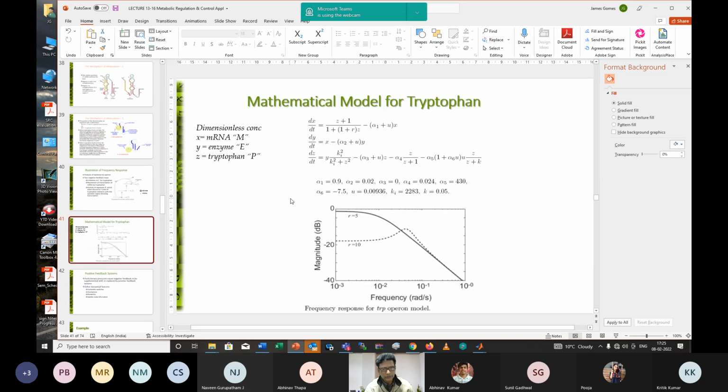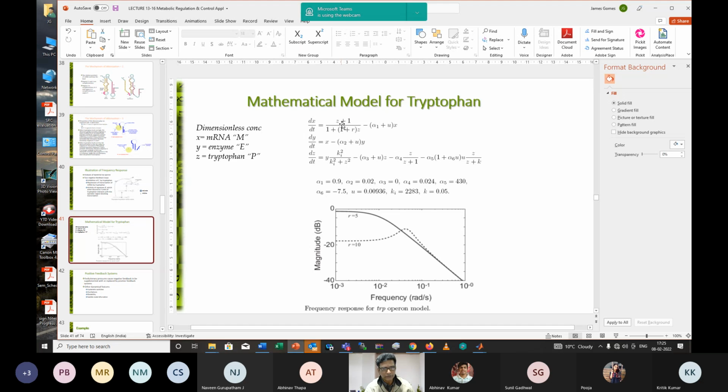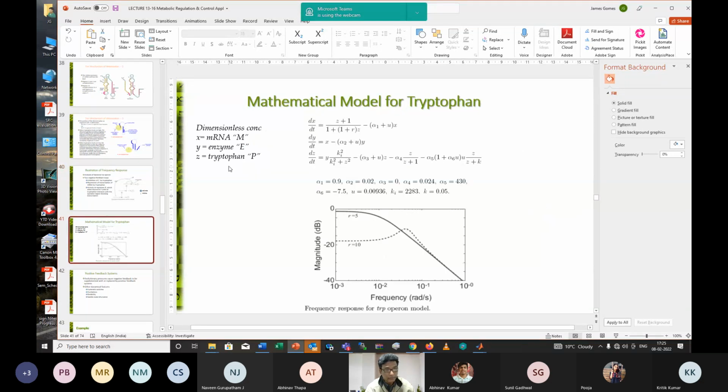Now, the way you write out the model is something like this. The rate of synthesis of, let's say, P depends upon the rate of synthesis of the mRNA, right? So X is the mRNA.